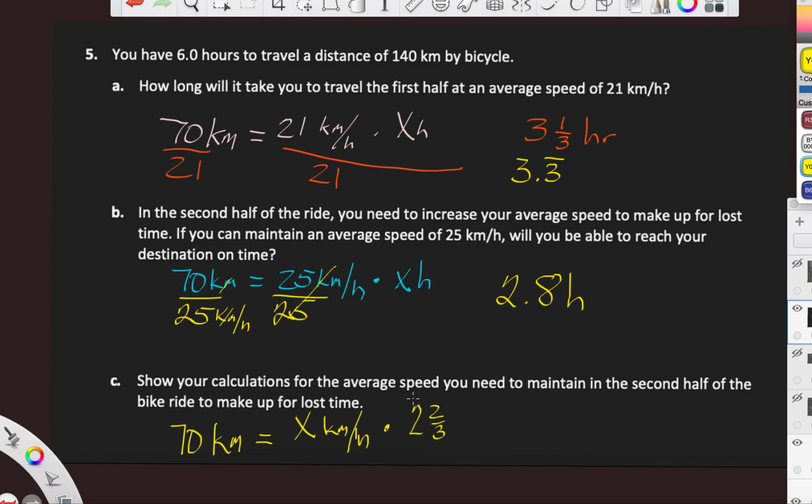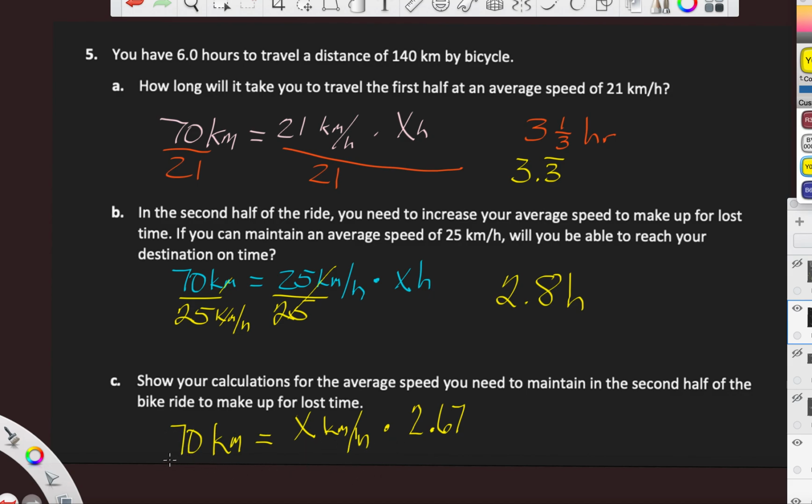Or let's do this. Let me fix this. Let's use a decimal, because you guys are going to have calculators to do this. 2.67. Let's use 2.67 for 2 2/3. That's just about the right number, barely over, and it's going to help us out a lot.